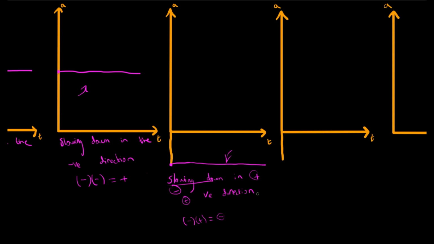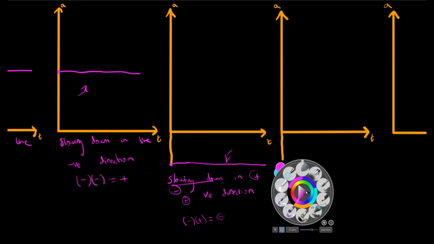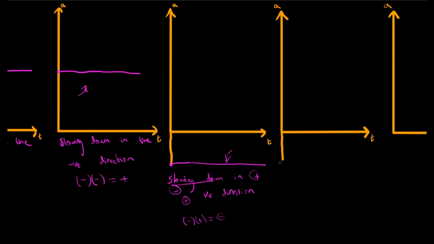Now, if you wanted to understand this better, then the velocity time graph of this would look like this, where the velocity line, so Vt, would just be going down, so it's slowing down in the positive quadrant. It's pretty simple, which is why the acceleration is negative, because it needs to be a negative acceleration for it to slow down like this.